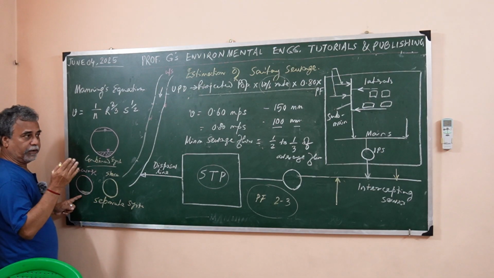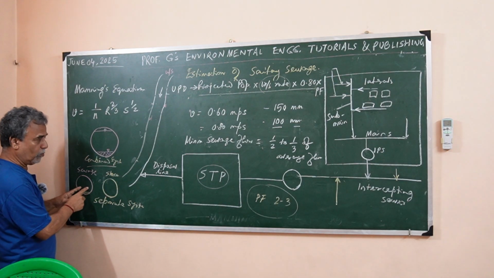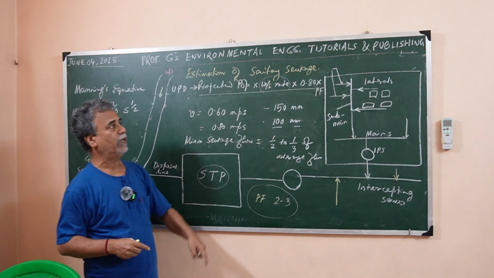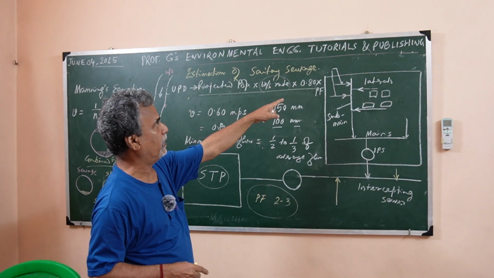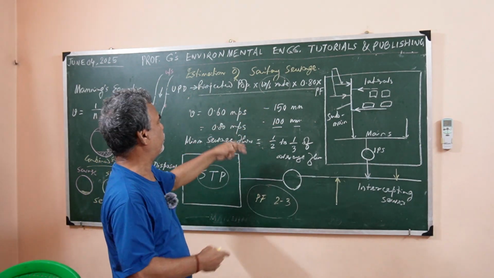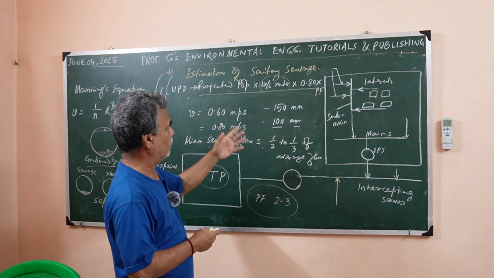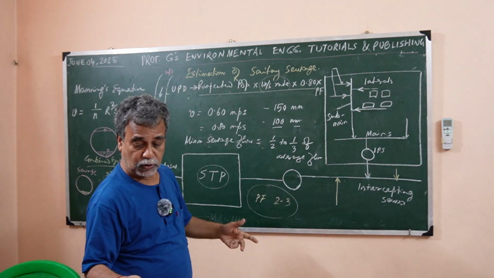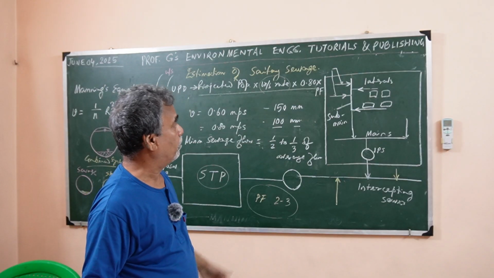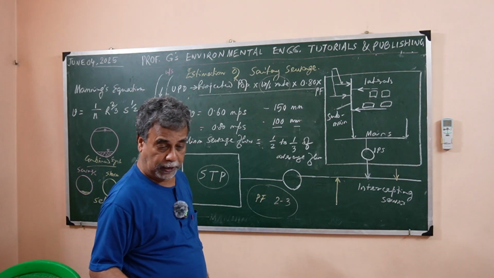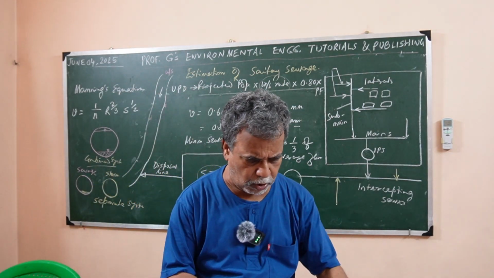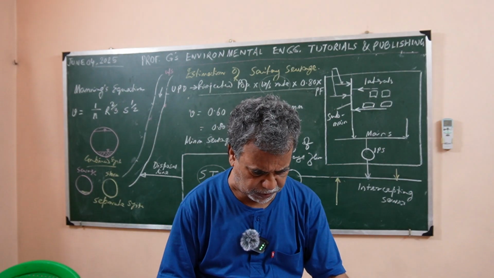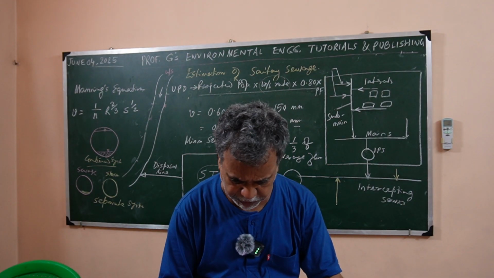That is normally what we consider, and as I have told, for the initial period, for laterals, at the starting point, frequent or periodic flushing of the sewer line may be required. So that is about the estimation of sanitary sewage.